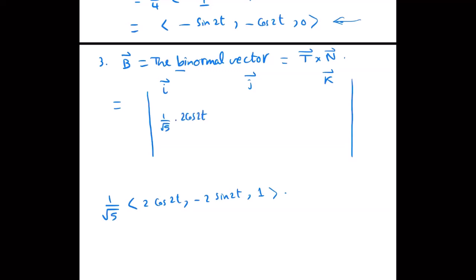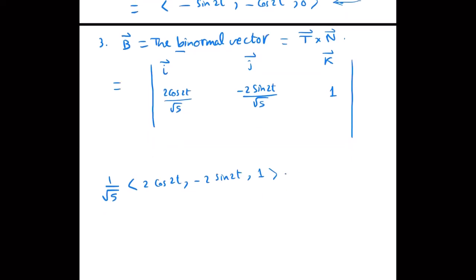This is the first component of T. Second component of T is negative 2 sine 2t over root 5. Third component is 1. So I'll try to make it symmetric. 2 cosine 2t over root 5. You can take it in the third component.